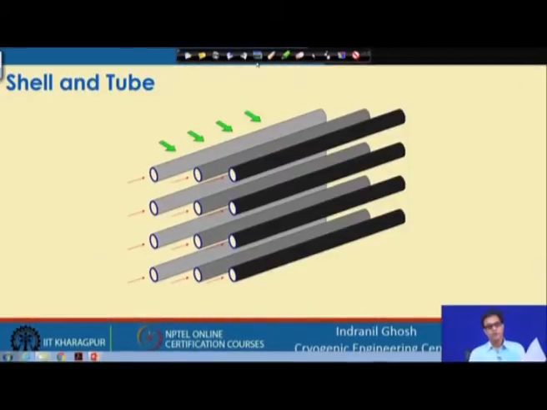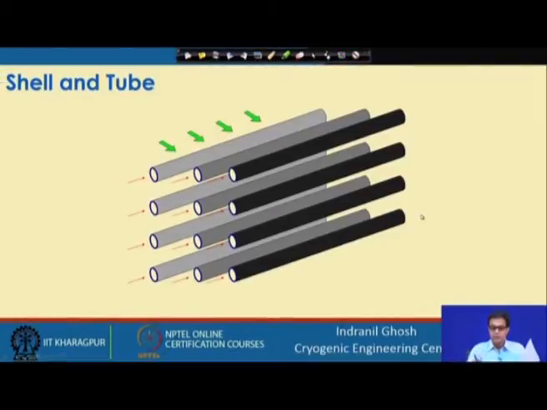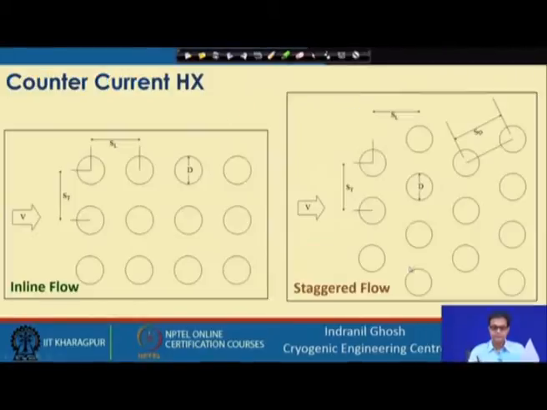Now, if we have a bunch of tubes with fluid flowing over them, and we have to calculate the heat transfer coefficient for the external flow, how do we do that? Depending on the configuration, there are two possibilities.